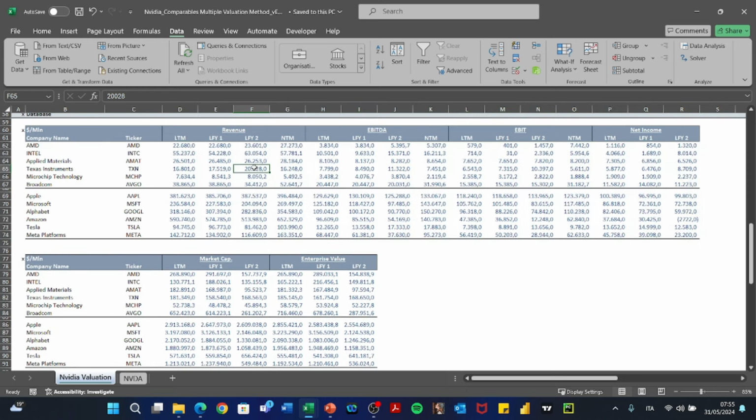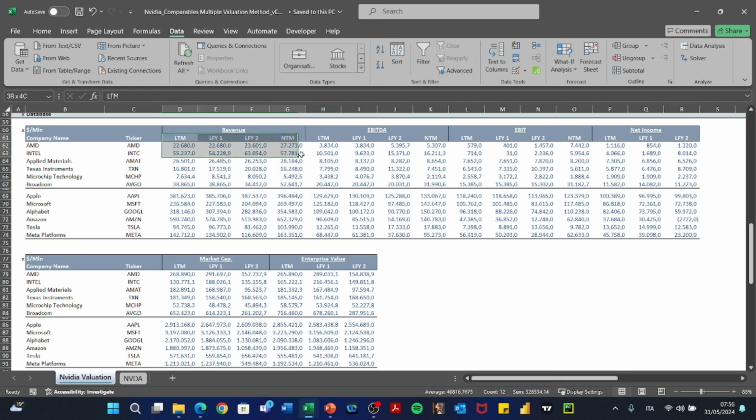So I have collected the revenue, EBITDA, EBIT, and net income of the comparable companies, taking the information of each one of them for the last 12 months, the last fiscal year, which is 2023, the fiscal year previous to the last one, which is 2022, and this is a forecast, and NTM stands for next 12 months. So this should be the revenues expected for 2024.